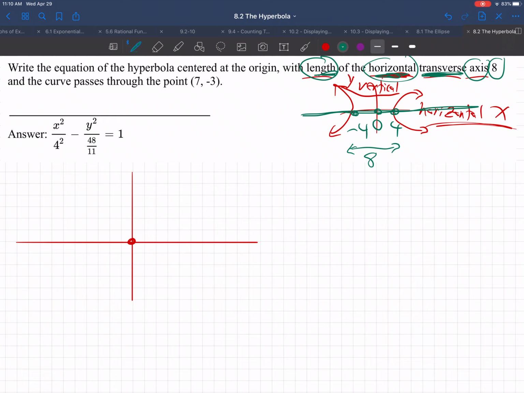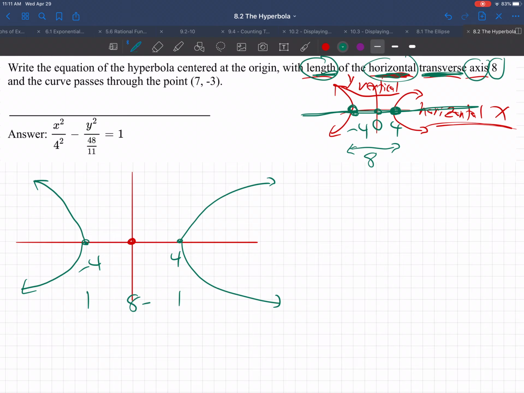The length of the axis is 8, meaning from here to there is 8. So it's got to go 4 and -4.